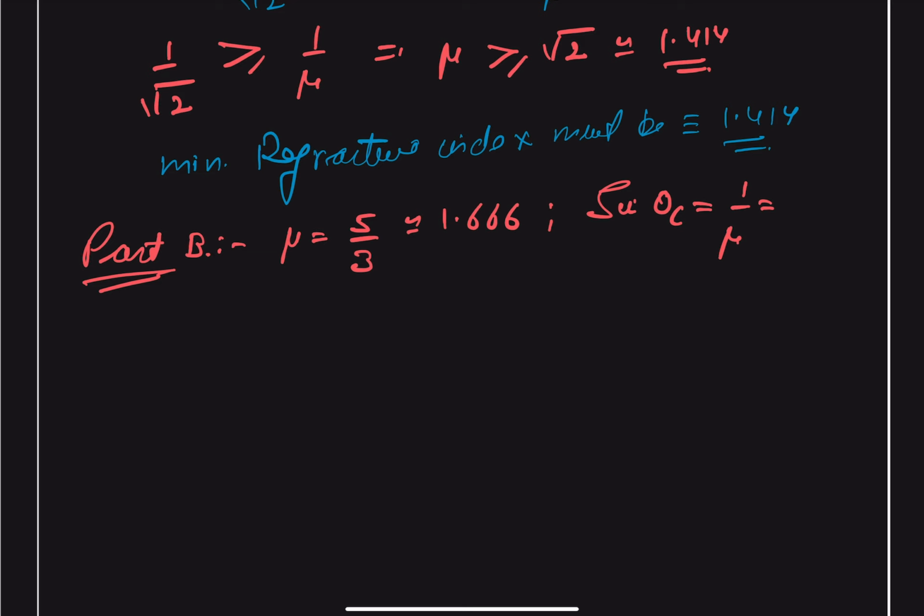So this gives us 3 by 5, which is equal to 0.6. So theta c, that is the critical angle, will be equal to sine inverse of 0.6, and approximately that will be equal to 37 degrees.